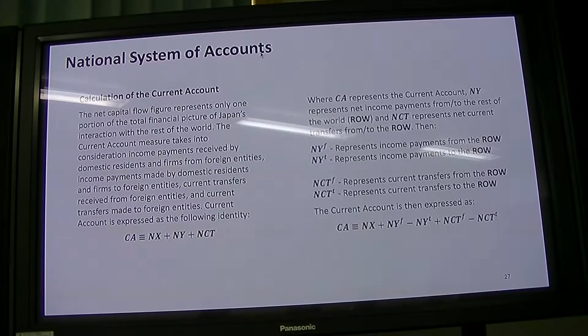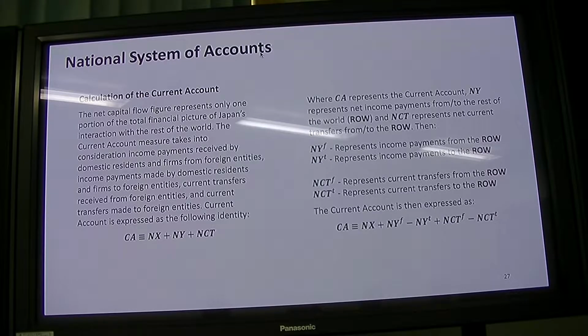And that, in the end, is described by a single number, and that's called the balance of payments. And the balance of payments talks about the net flow, in the end, the net flow of capital in and out of a country. So that's what we're working for.